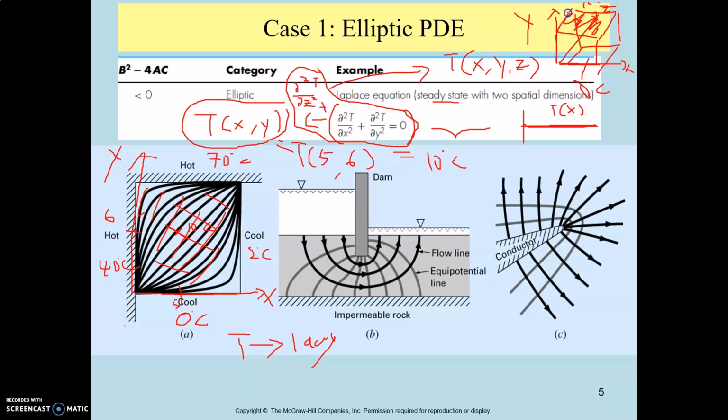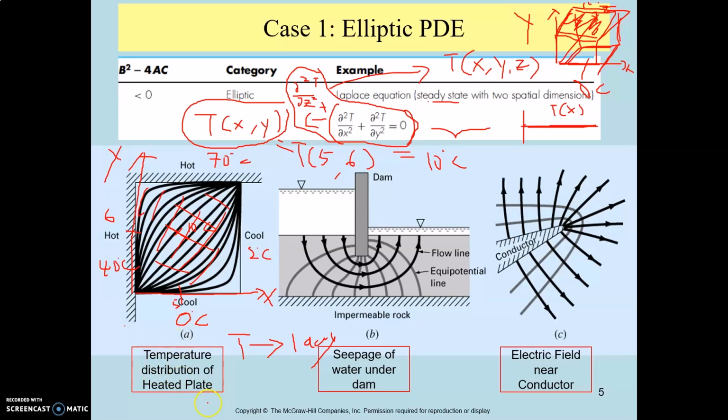Let's say you have a box here and you heat the box at the top at 100 degrees Celsius, and you cool the bottom at 0 degrees Celsius. You want to know what the temperature distribution change is for the whole body. By solving this PDE, you are able to know the answer.